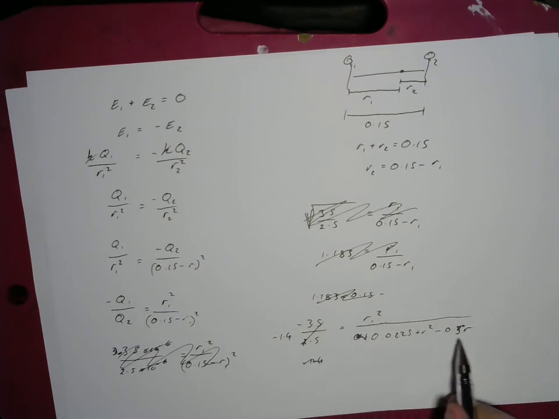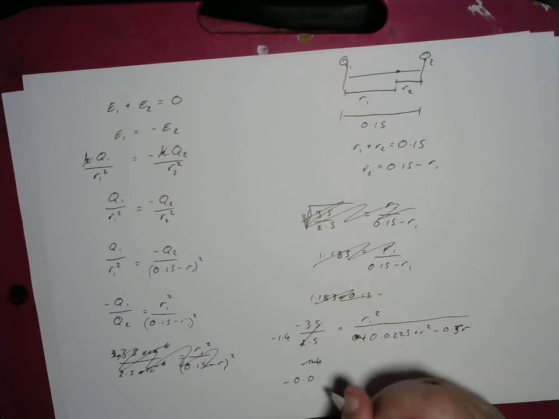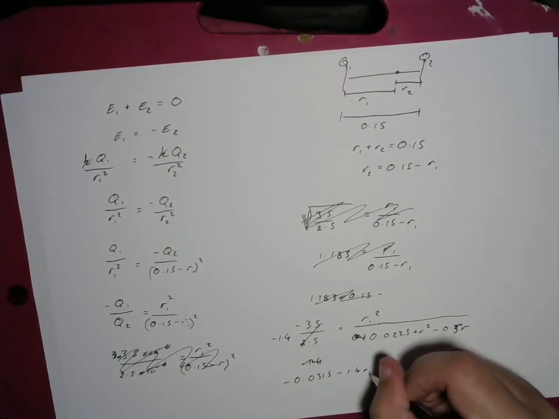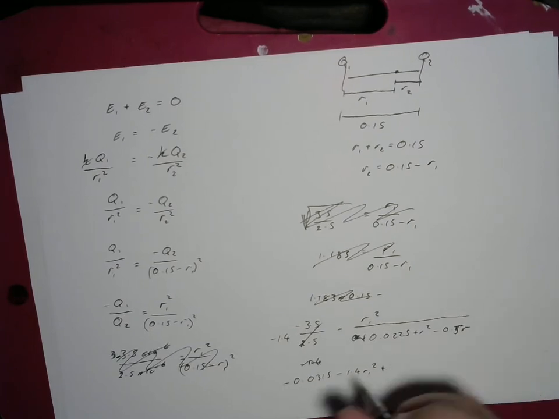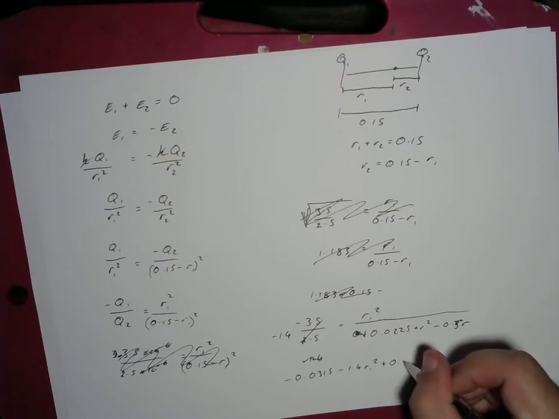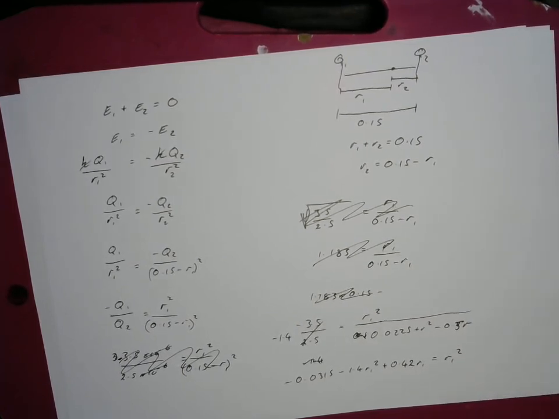Okay, now let's rearrange. I'm going to multiply all this bit at the bottom over the other side, and I'm going to do the calculation as I do it. So 4 times 0.0225. So I'm going to have a negative 0.0315 minus 1.4 R1 squared plus, because a negative times a negative will be a positive, 1.4 times 0.3, 0.42 R1 equals R1 squared.